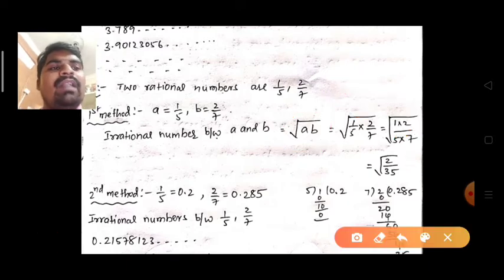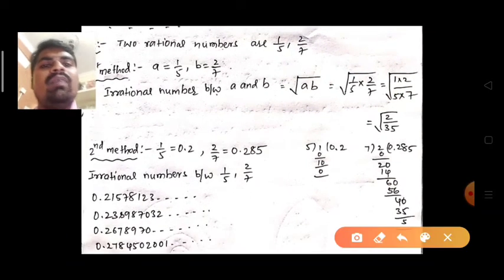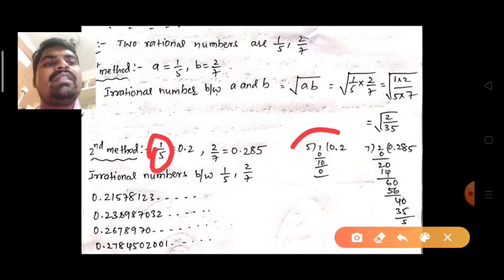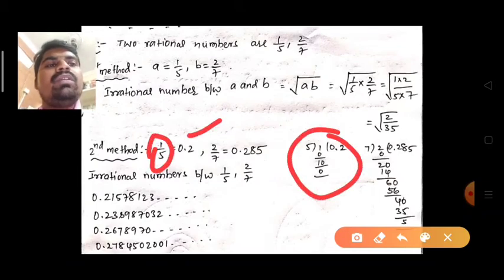Observe here, what is the value of 1 by 5? First write the value of 1 by 5 using division: 0.2. Next, write an approximate value of 2 by 7, up to 2 or 3 decimals: 0.285. Just concentrate on these values, 0.2 and 0.285.